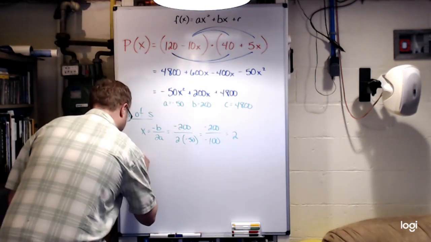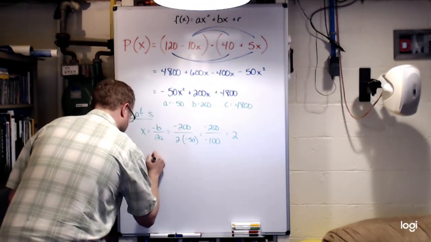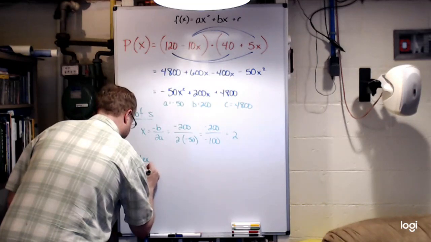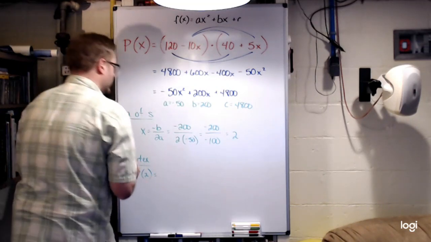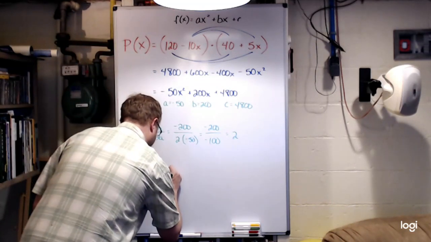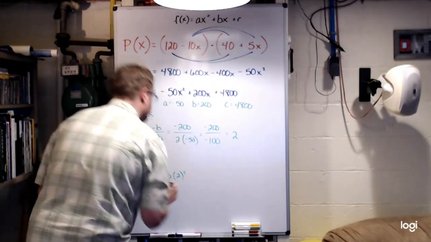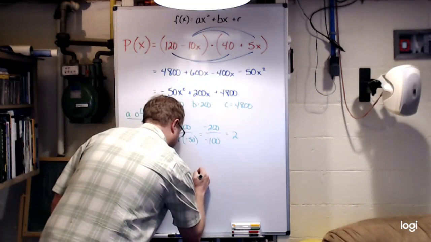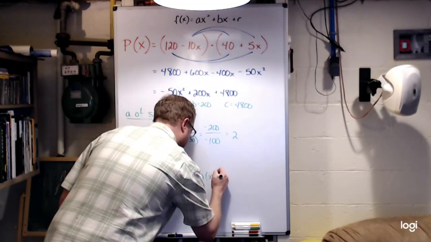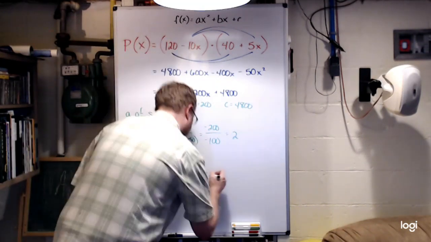Then we just take this 2, plug it back into our function. So my vertex will be P of 2 equals negative 50 times 2 squared plus 200 times 2 plus 4,800.